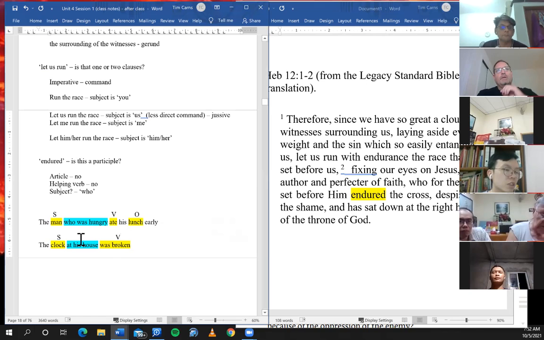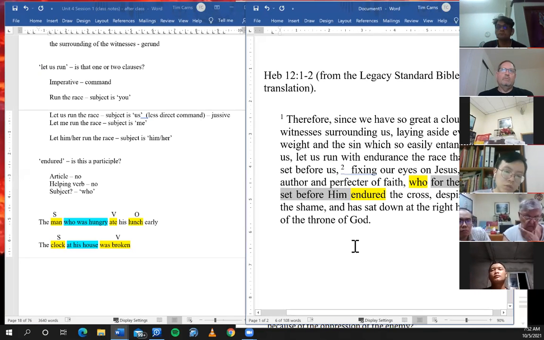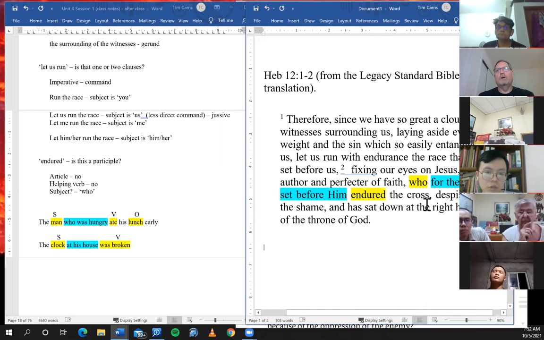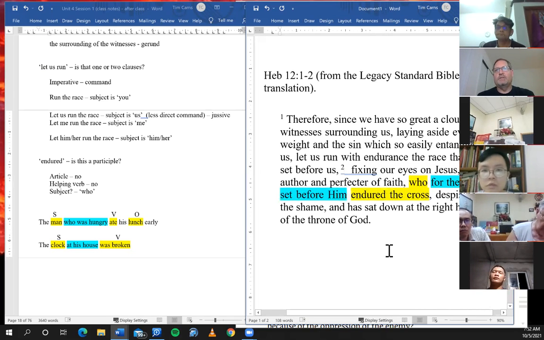So that's exactly what we have going on here in this passage. We have who, and then there's this phrase that is inserted, for the joy set before him endured the cross. So who endured the cross is my clause there.